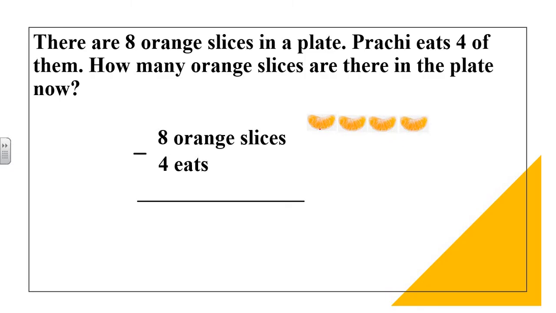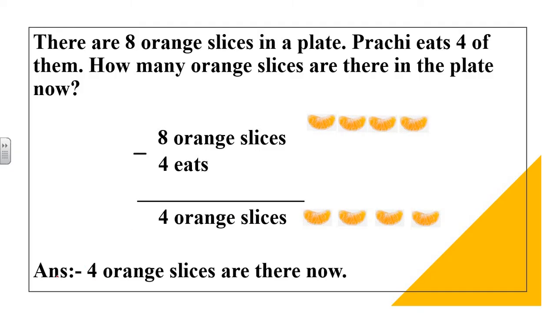Let's count together. 1, 2, 3 and 4. So our answer is 4 orange slices. So 8 minus 4, answer is 4. And we have to write the answer in statement form. So the answer is 4 orange slices are there now.